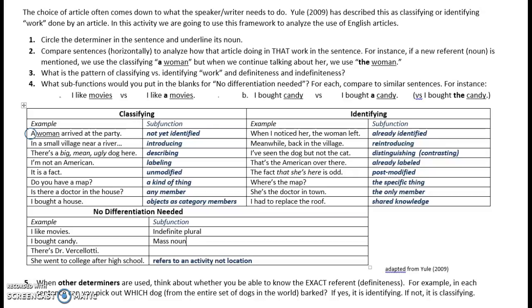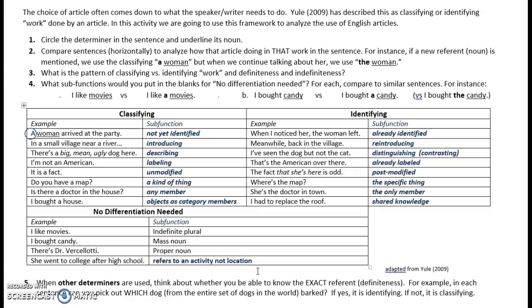And what about there's Dr. Versalati? Why don't we say there's a Dr. Versalati or there's the Dr. Versalati? Well, maybe the capitalization gave you, but this is a proper noun. The last one I gave you, because this is a little bit harder. This is a little quirk of English. When we say things like, she went to college after high school, there are two nouns there.